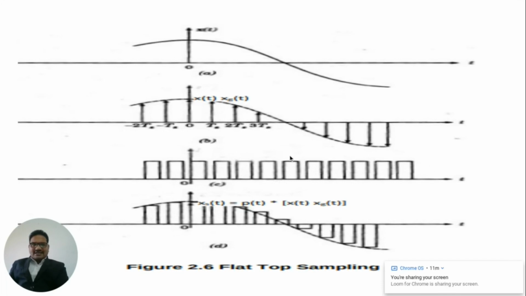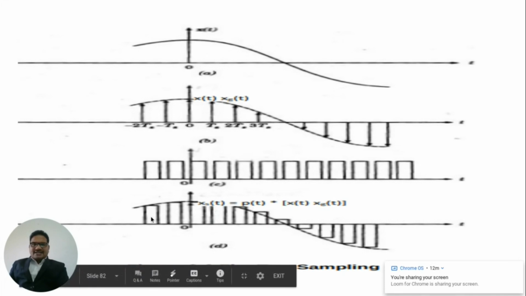If you see the third graph, it is a unity amplitude rectangular pulse, p of t, which has a pulse width of Ts. Then if you do the convolution of this sampled signal with this unit pulse, you would get this flat top sampled version.